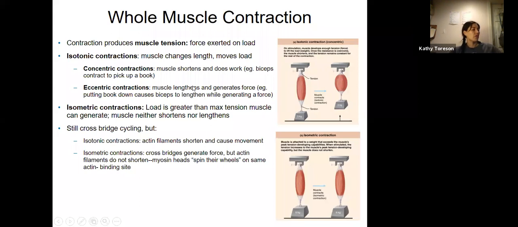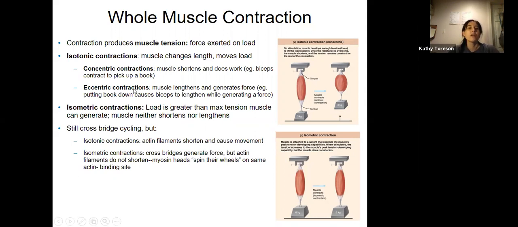If I lift my book up, that is a concentric contraction, which is a type of isotonic contraction. If I want to slowly lower my book, my bicep is still engaged. I am still generating tension, still generating a contraction in my muscle, but my muscle is actually lengthening.